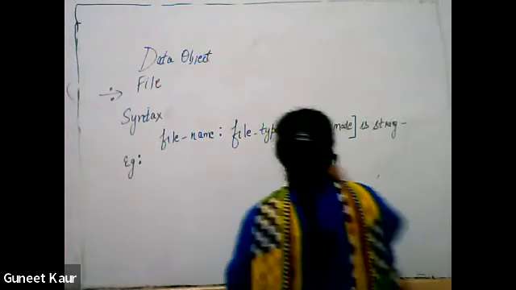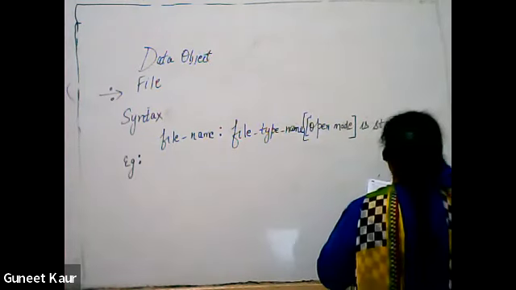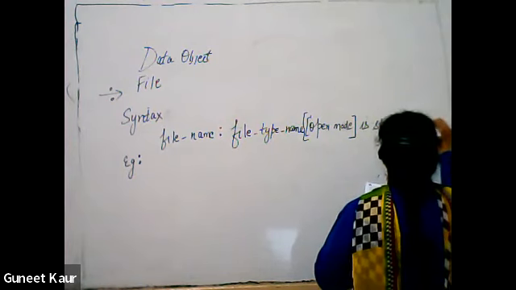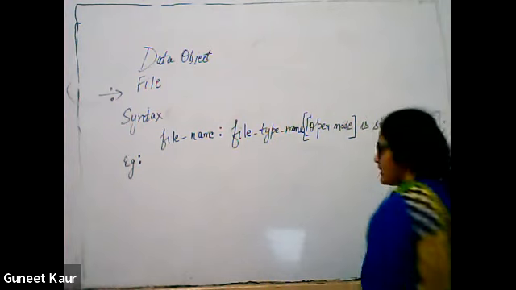Here two brackets are there: square bracket, string expression, bracket close, square bracket close, semicolon.